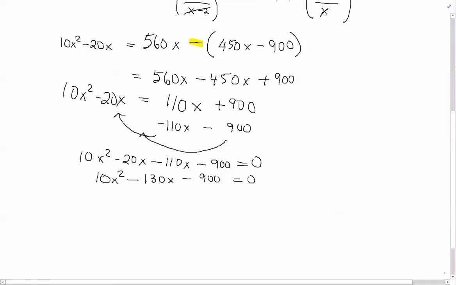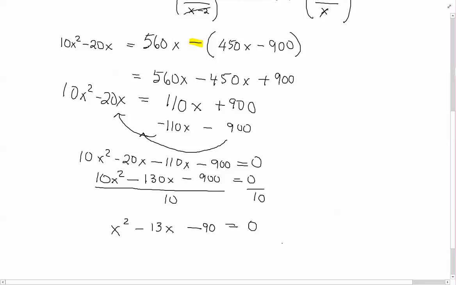Now, notice that there's a common factor of 10 here. I'm going to divide both sides of my equation by 10, and that just simplifies it. We have x squared minus 13x minus 90 is equal to 0 still.